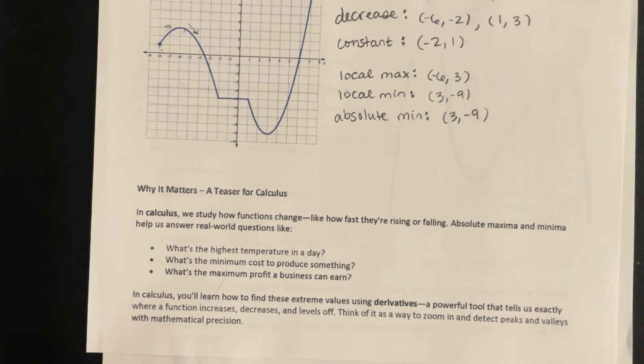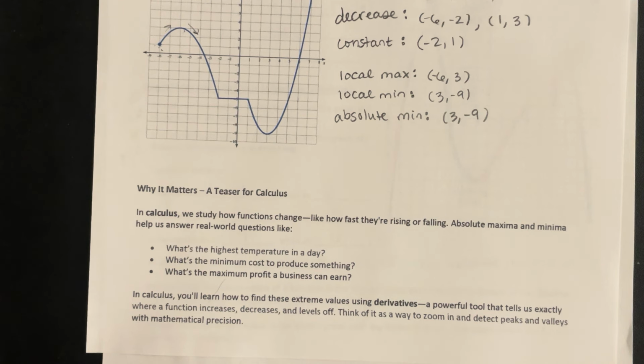In our class, we are just focused on gathering this information from a graph. But as you get to higher level maths, if you enter calculus, you're looking at how a function changes, and you're not always given a graph. You may just have the function algebraically.